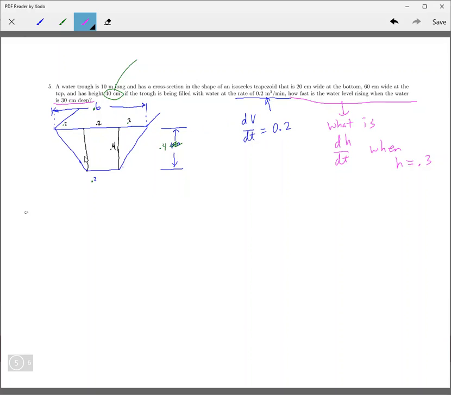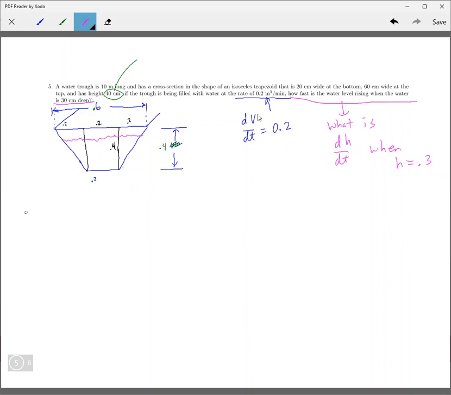Now the idea is that this is dV/dt, and we want to know what dh/dt is. And you can figure that out. This is when the water level is here at 0.3.